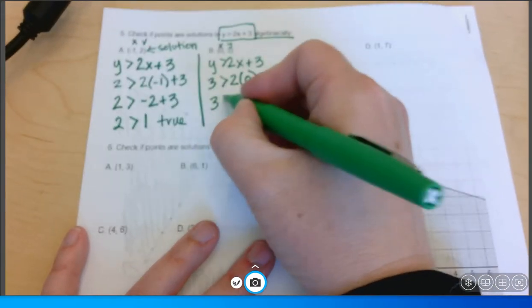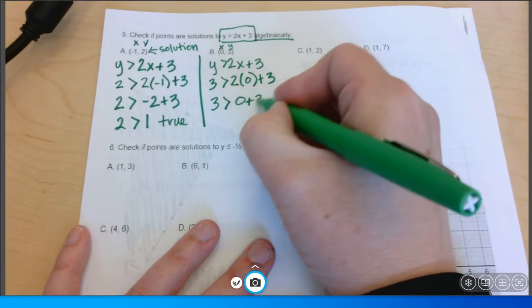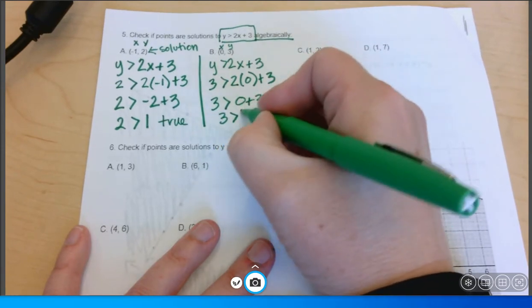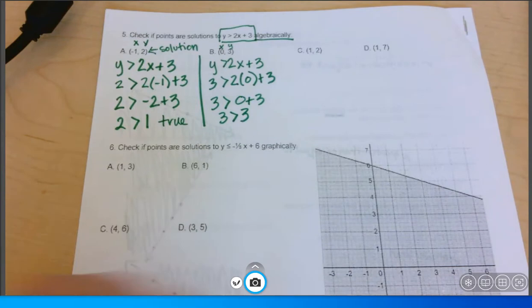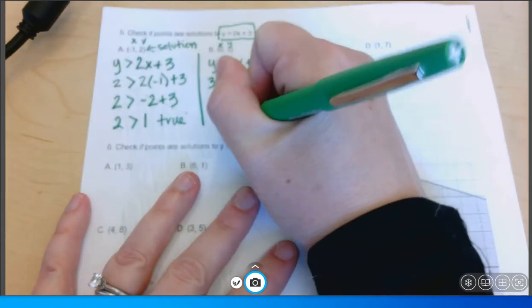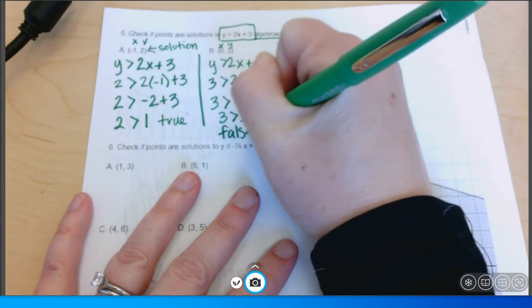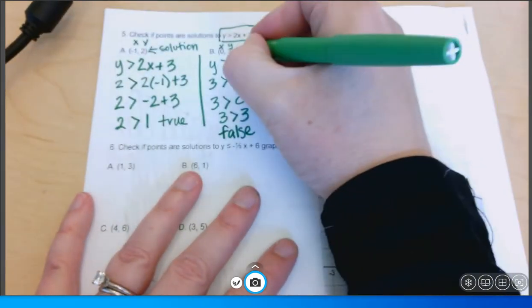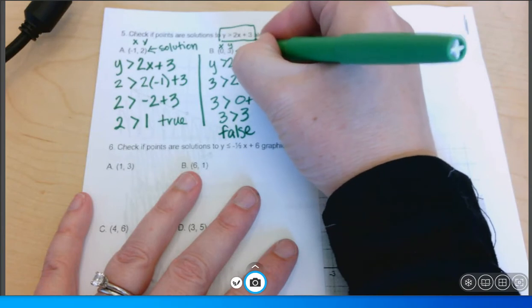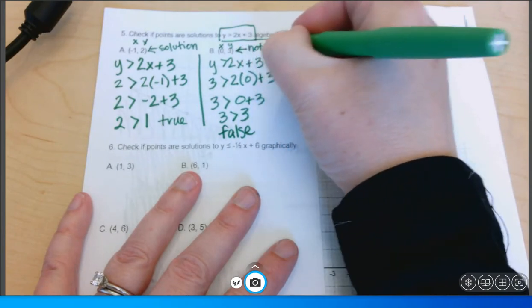And so I get 3 is greater than 0 plus 3. 3 is greater than 3. That's tricky. What do you guys think? Is 3 greater than 3? I heard some no's. Yeah, you're right. 3 is not greater than 3. They're the same number. So this is false. Because 3 is not greater than 3, 0, 3 is not a solution.